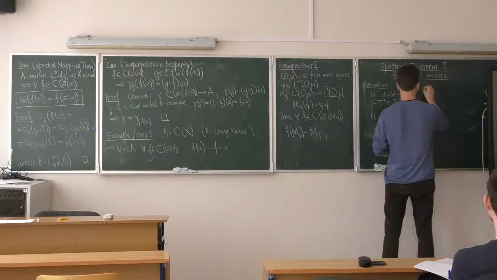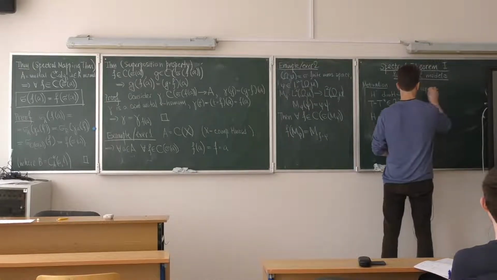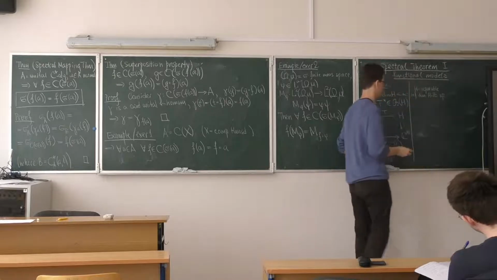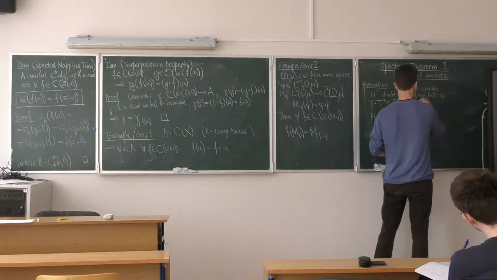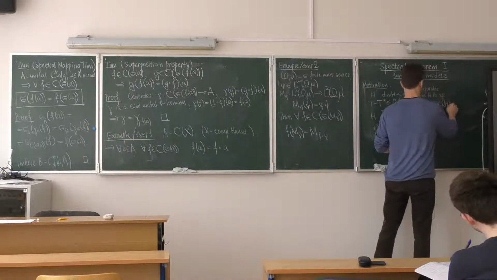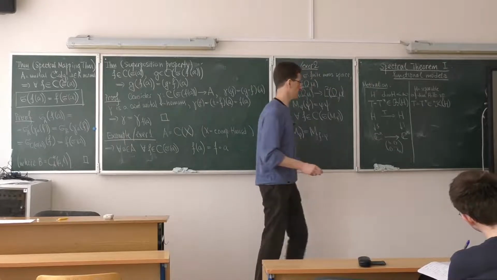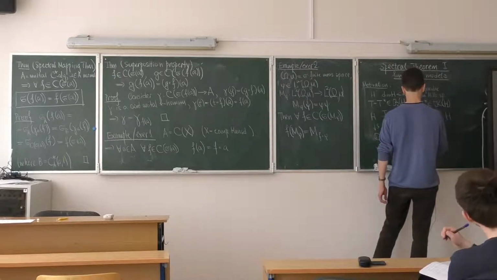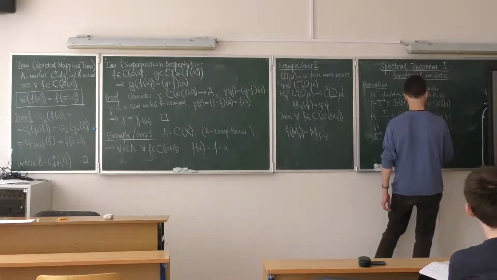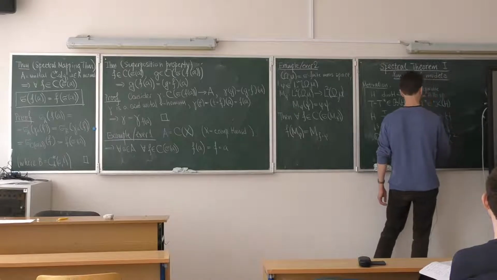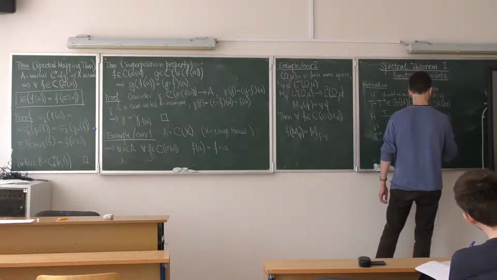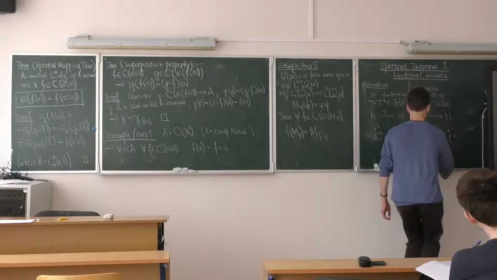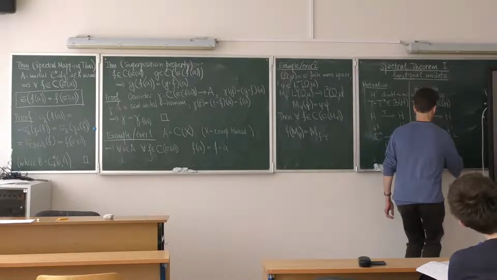For convenience, let's suppose it is a separable infinite dimensional Hilbert space, and suppose that T is a compact self-adjoint operator on H. The Hilbert-Schmidt theorem essentially states that there is a unitary isomorphism between H and the little L2 space, which is a unitary equivalence between T and the diagonal operator M_lambda. M_lambda is the diagonal operator, which is just the pointwise multiplication by lambda.